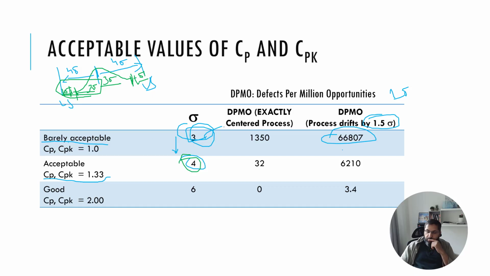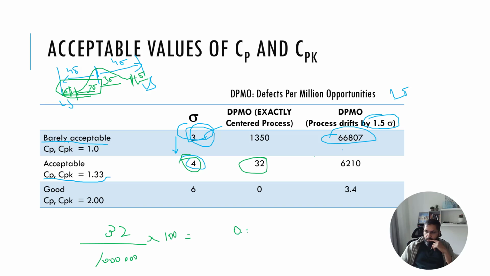And now if your process is centered, look at that. Only 32 defects per million. So you make 1,000,000 units, only 32 defective. You can calculate as a percentage, 32 over 1,000,000, and multiply by 100 to convert to percentage.